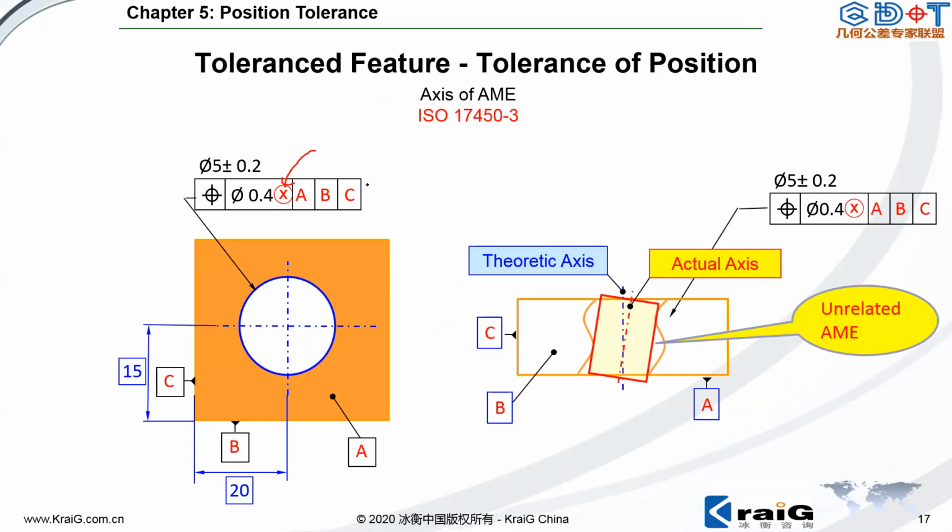This symbol means you're going to use the maximum inscribed cylinder as the tolerance feature. So it's going to have the same meaning as ASME if you add this one. So you could see in ISO GPS, you need to add some special symbols in order to express that what you need is the AME. Otherwise, the default tolerance feature will be the medium line. So this is different.